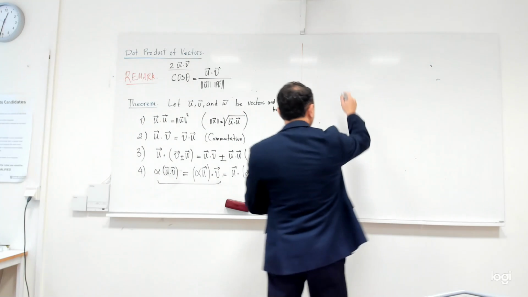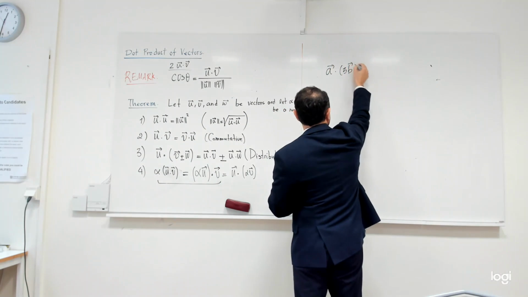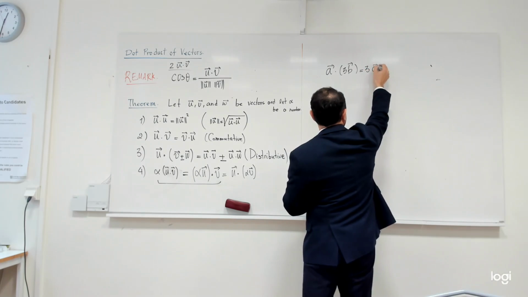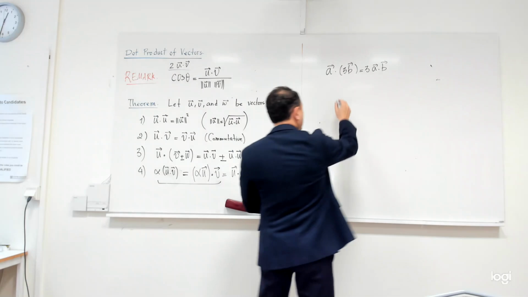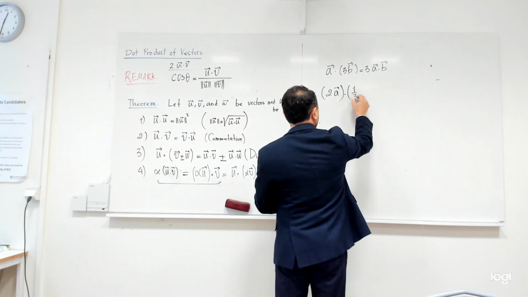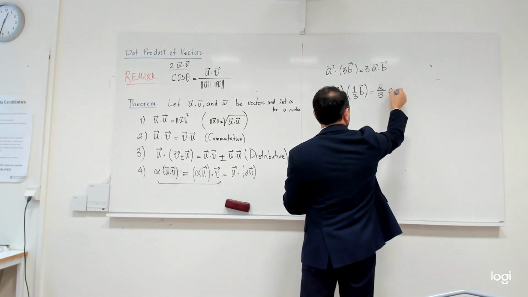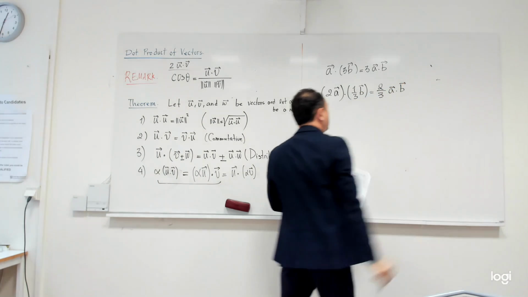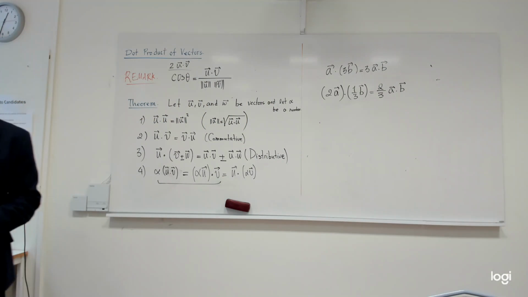For example, if I tell you A dot 3B, can I simply write 3A dot B? Yes, that's correct. If I tell you 2A dot 1/3 of B, are you happy if I write 2/3 of A dot B? Yes, that's correct.